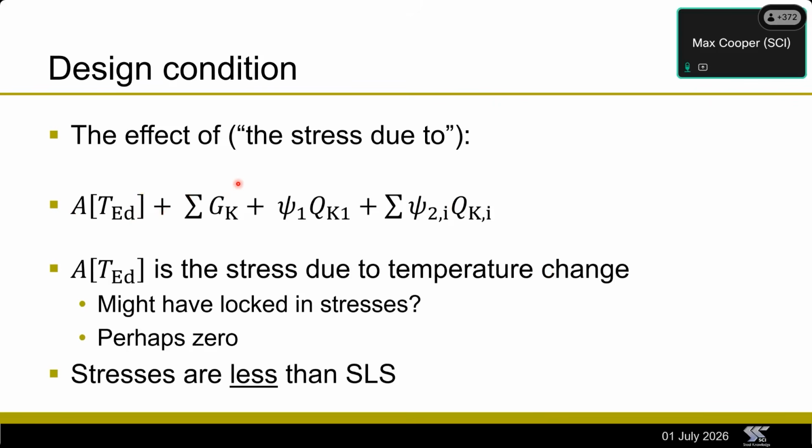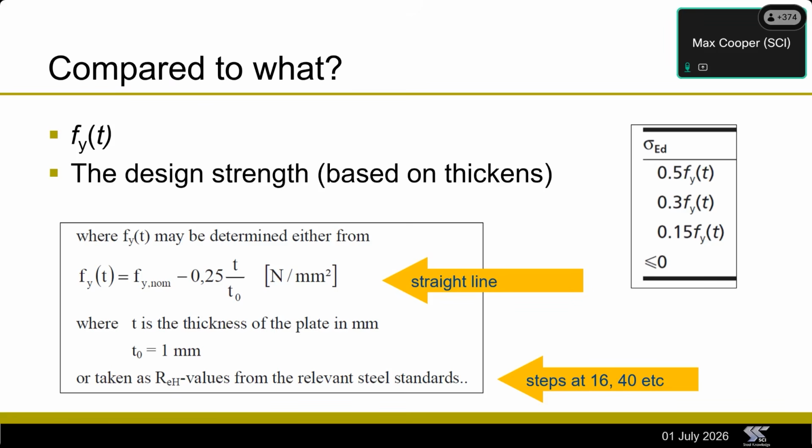We have the unfactored permanent actions, and then we have the variable actions at a reduced design level. The key thing to highlight here is that the stresses we're considering for brittle fracture are less than SLS. We'll go through an example later, which should hopefully clarify that.